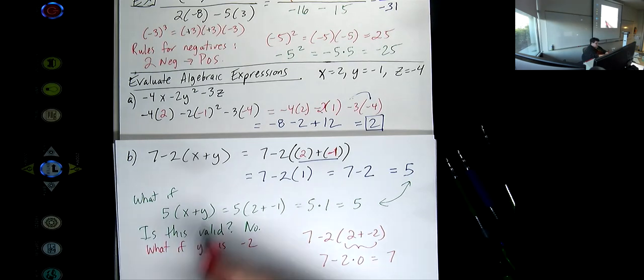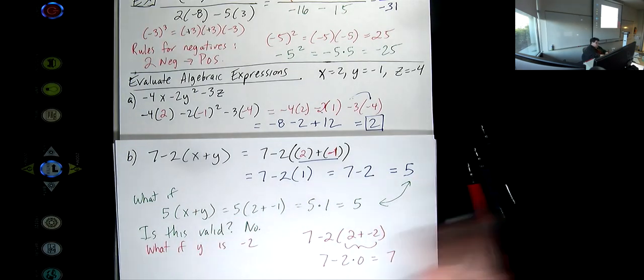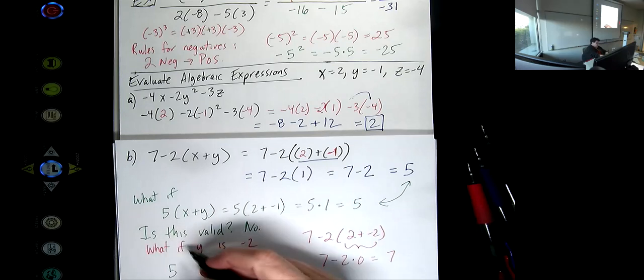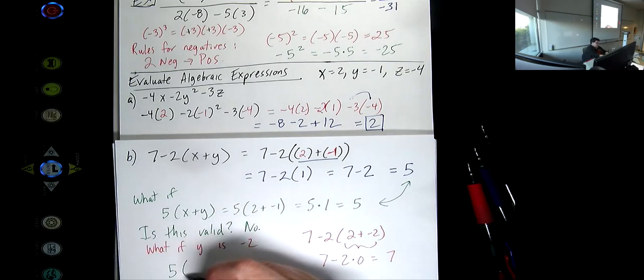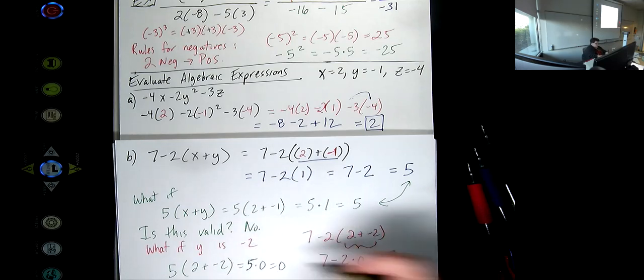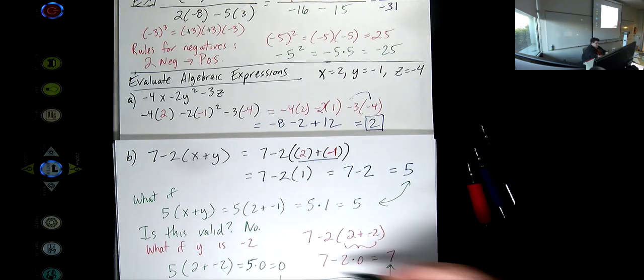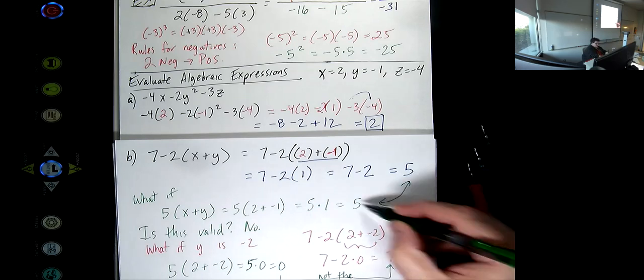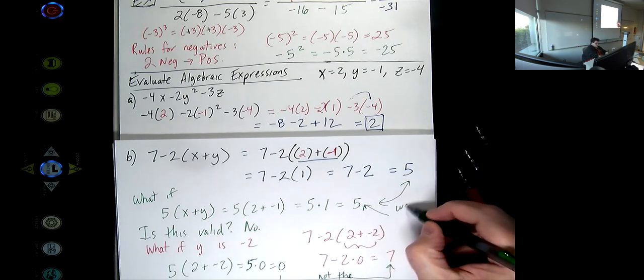But if I did this wrong way over here, if I said 7 minus 2 is 5, and I did 2 plus -2, I get 5 times 0 is 0. Notice that they're different answers. This up here was just coincidence.